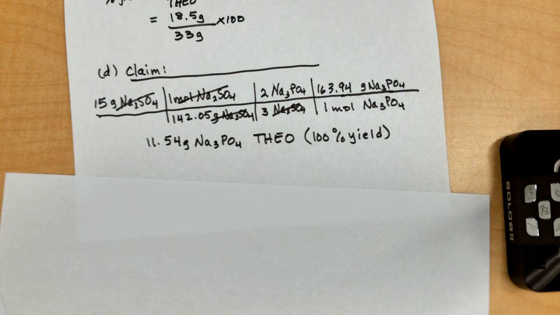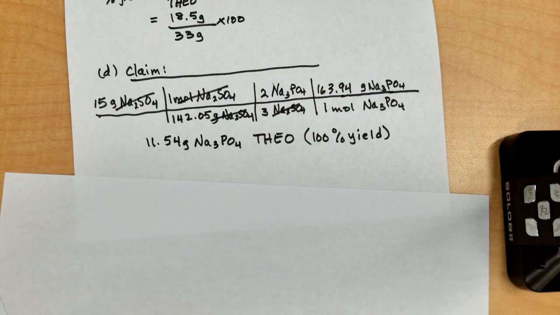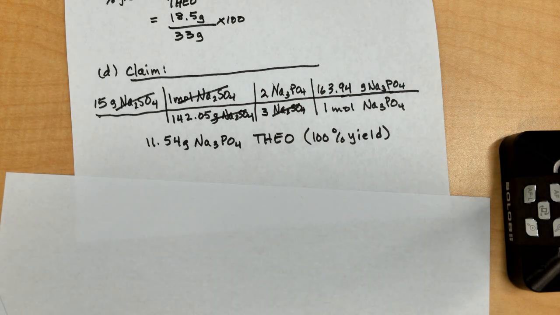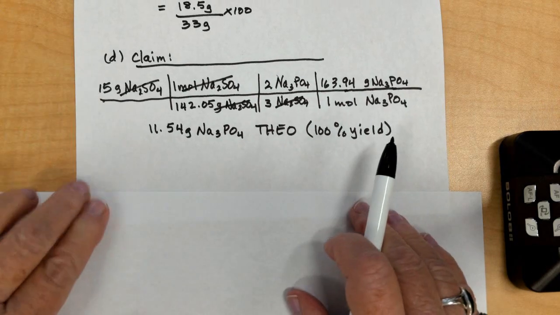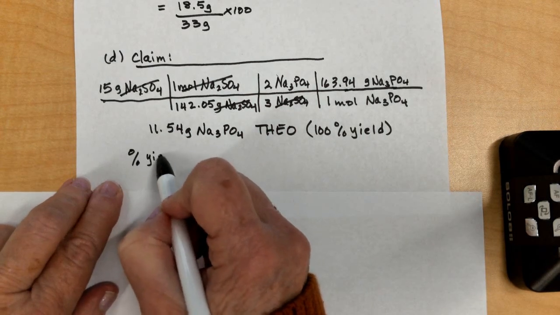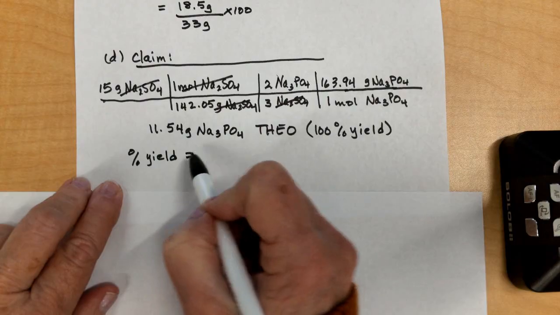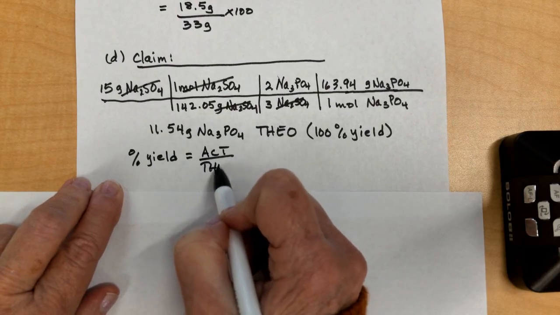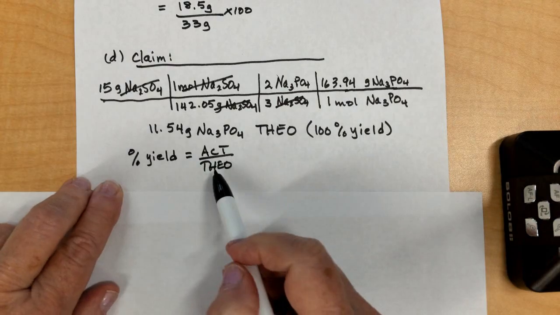So if we look at that, that's my 100%, but we didn't get that. So let's set it up through our formula. We know that the percent yield that we get, which we know is not 100, is always equal to the actual over the theoretical. Well, the theoretical doesn't ever change, right?